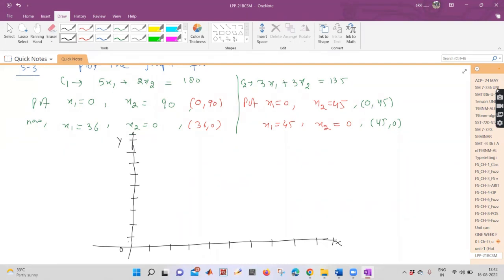Let it be somewhere here. Suppose this is my point, which is 0, 90. Then it is going till 36 and 0. Where is my 30? 30 is here, 35 is here, somewhere here. So this is my 36. Let's join.